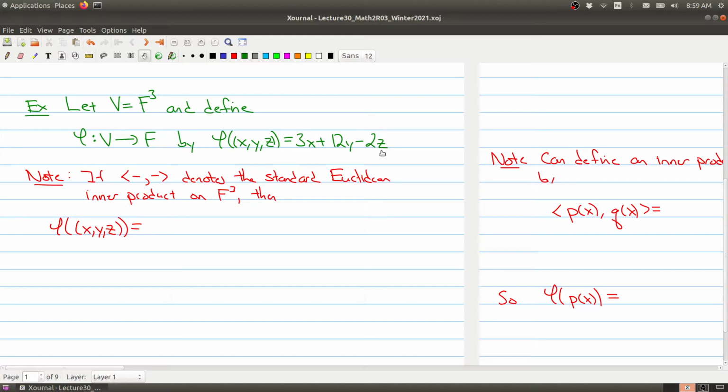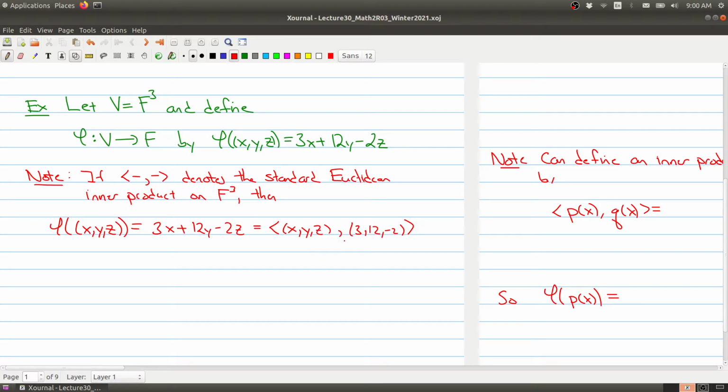You can check that it has all the properties of a linear map. But now I want to make an observation: if we let this symbol denote the standard Euclidean inner product on F^3, then our linear functional, which takes x, y, z to 3x plus 12y minus 2z, is the same thing as taking the triple x, y, z and doing the standard inner product with the triple 3, 12, minus 2.